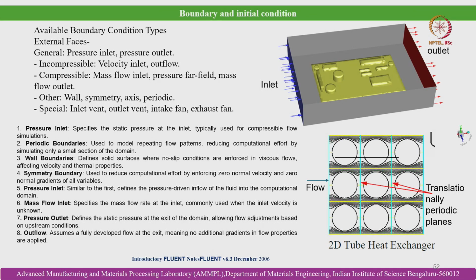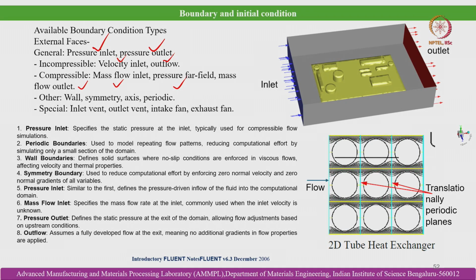In case of external phases, the boundary conditions available are pressure inlet and pressure outlet. For incompressible fluid, the available boundary conditions at the inlet and also at the exit are velocity inlet and outflow. Whereas in case of compressible fluid, the inlet boundary condition is mass flow inlet and pressure far field, and mass flow outlet is at the exit.